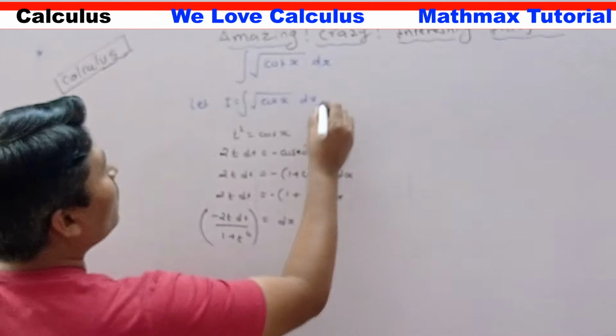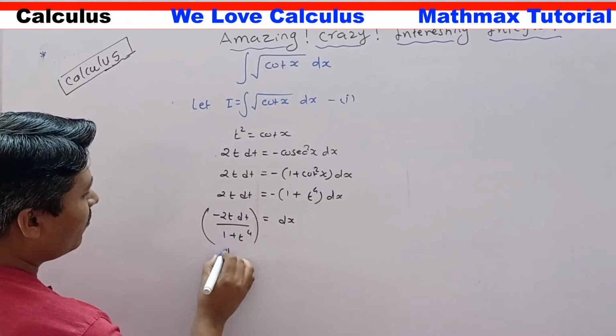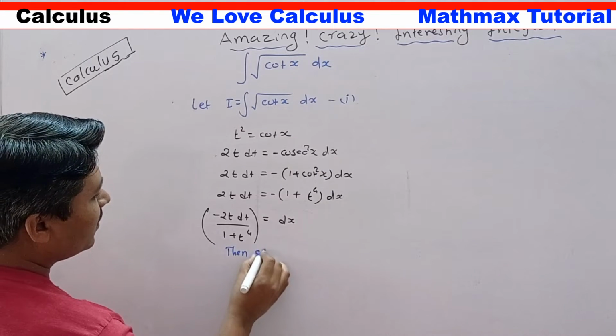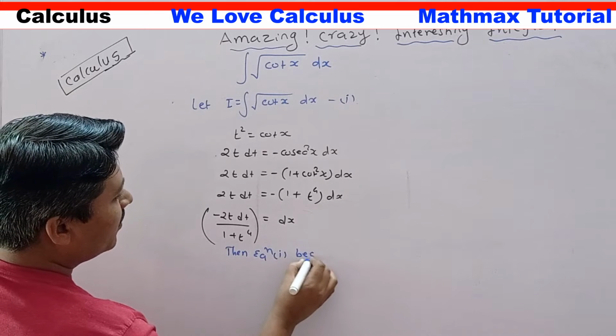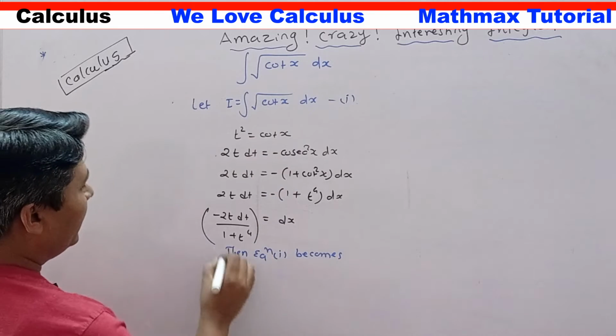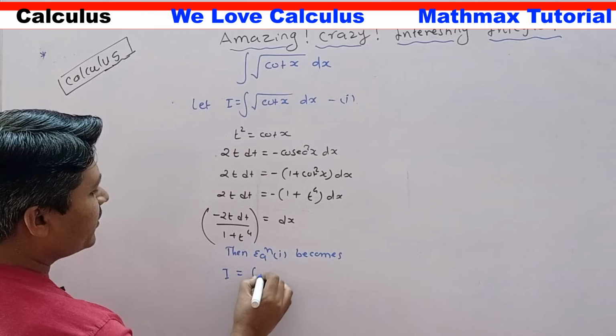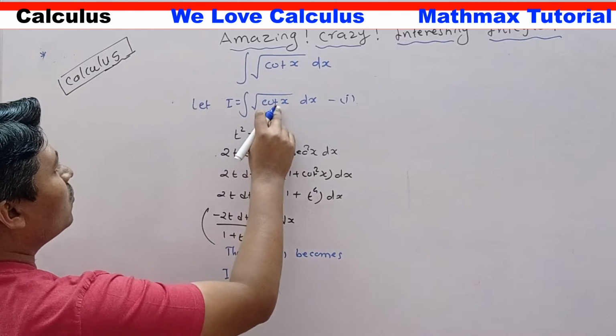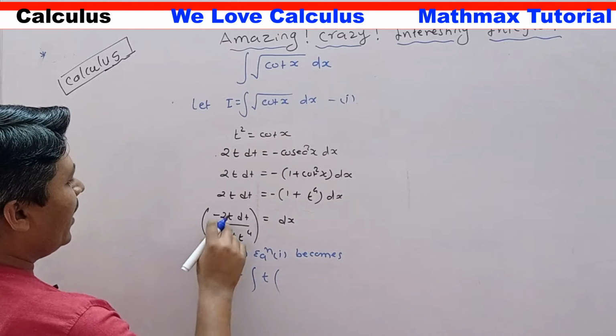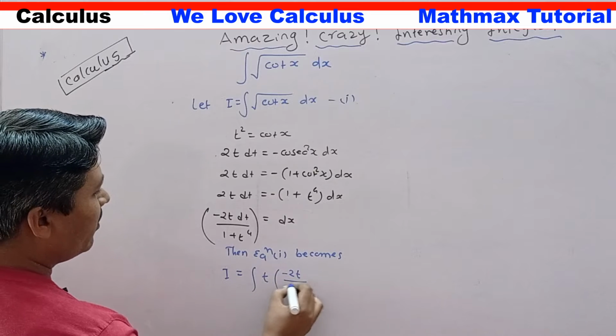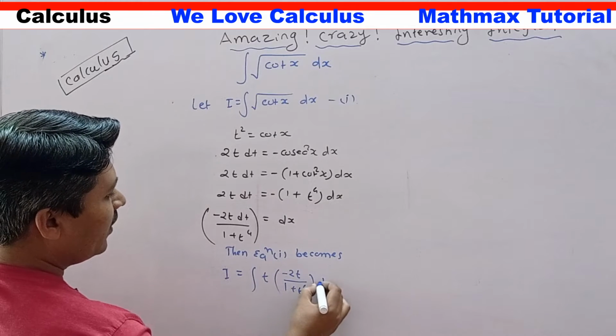Then equation 1 becomes I is equal to integration of t, since under root cot x is equal to t, into minus 2t divided by 1 plus t raised to 4 dt.